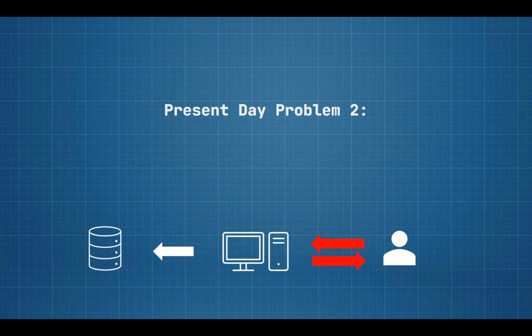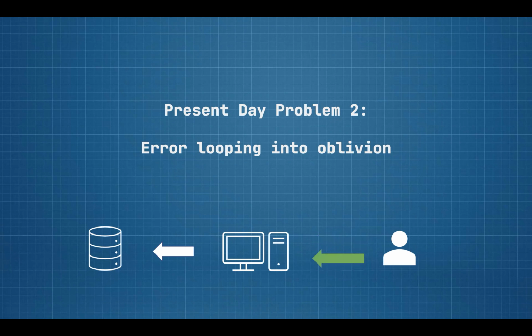Now, this is something I've seen, which is a present day problem. And this is actually more on the user side, where I see a lot of error looping where it just kind of spins out of control, right? And it's not really on the client side that the issue is. It's when they keep hitting the web server or the application server. Okay, big problem, right? Because you have so many tools in front of you now, especially with the browsers, which are much more powerful.